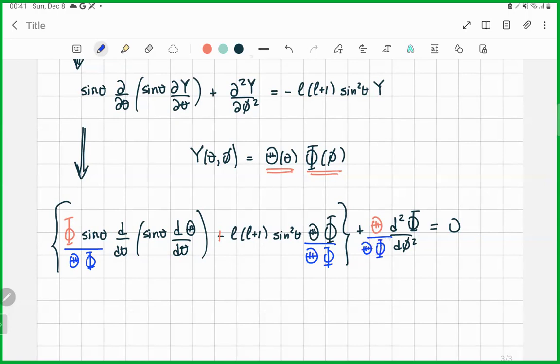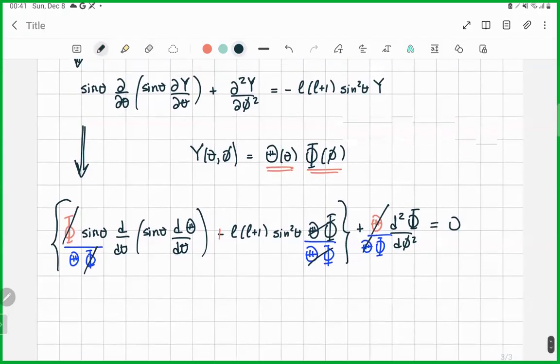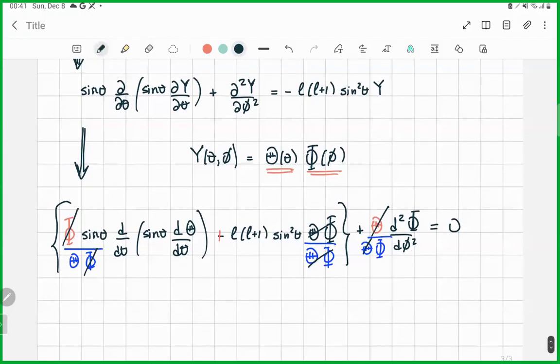So that eliminates the intruders. And you see that this whole term here now really only has theta, and this whole term here now only has phi.